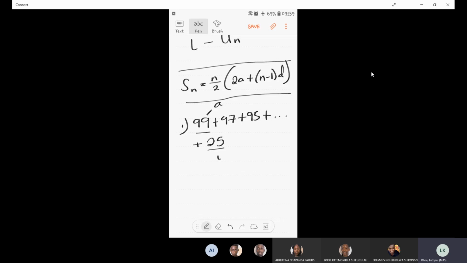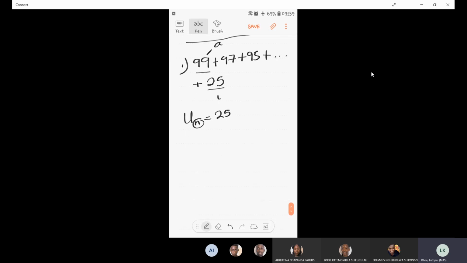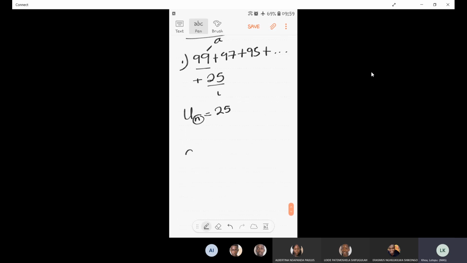So this is like the first question we did. We know what un is. un is equal to 25, but we don't know what n is. That's what we need to work out. So to do that, we know the formula: a plus n minus 1 times d is equal to 25. Now a we worked out, or you can see it, it's 99.